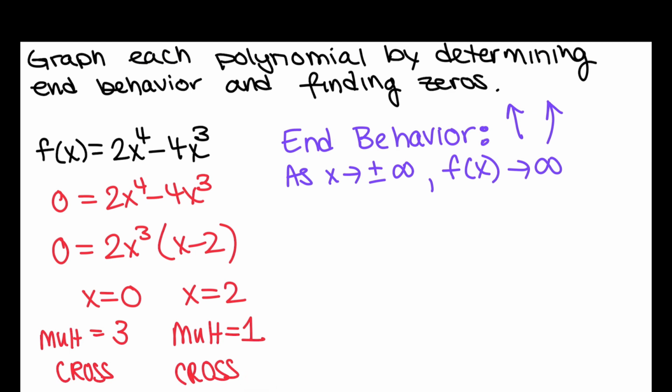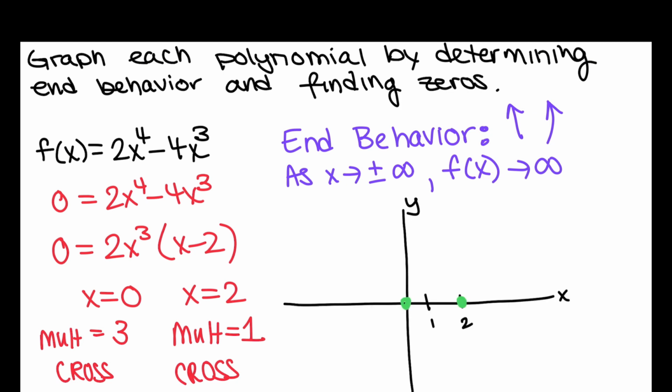So based on this information, I can create a crude sketch of this polynomial. It's not going to be perfect, but I know that this polynomial has x-intercepts or zeros at x equals 0 and x equals 2. I also know the end behavior. Both ends go up. So going from those intercepts, I can draw an arrow on the right that goes up, an arrow on the left that goes up.